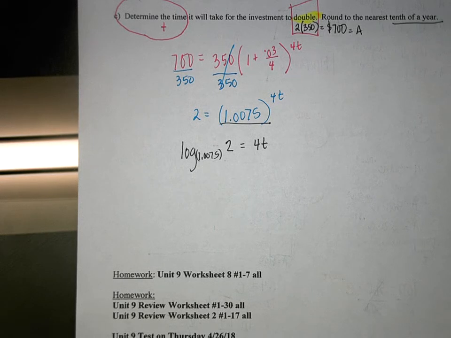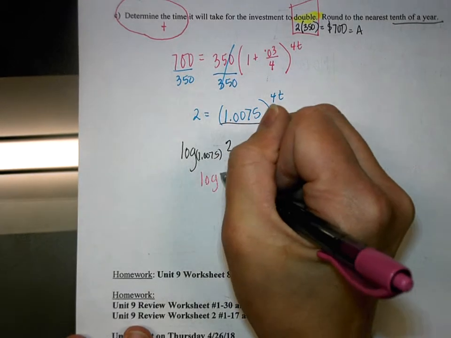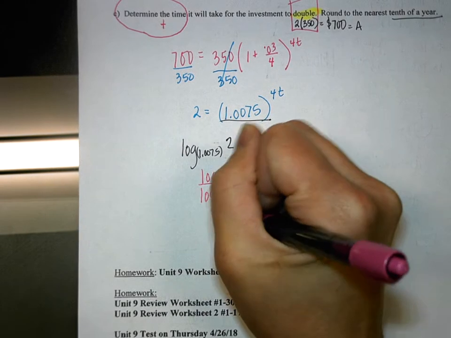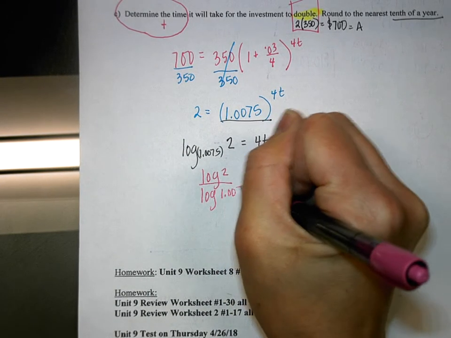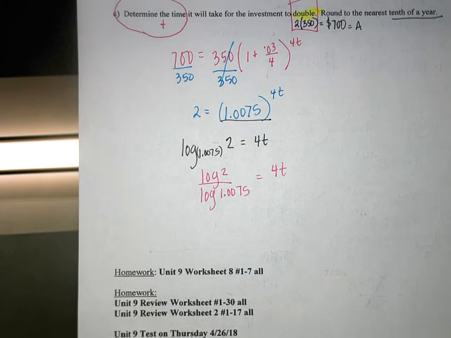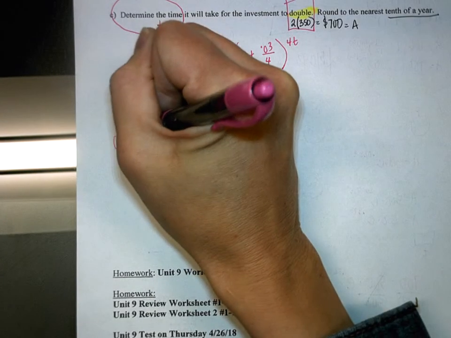Log of 2 over log of 1.0075 equals 4t. Do you guys remember that now? We have to use change of base.